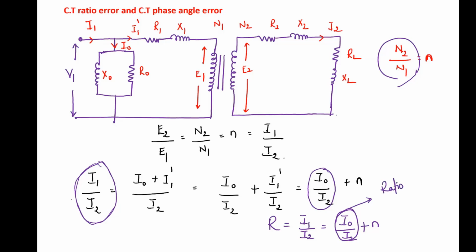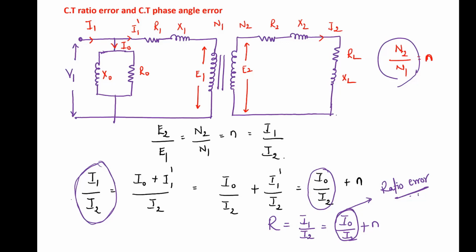This component is responsible for ratio error of CT. Why? Because the magnetizing current we are neglecting and treating otherwise. So even this small error, that is I0 divided by I2, will contribute to the ratio error.